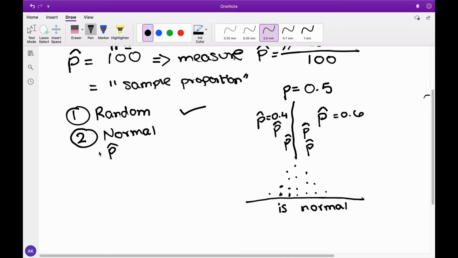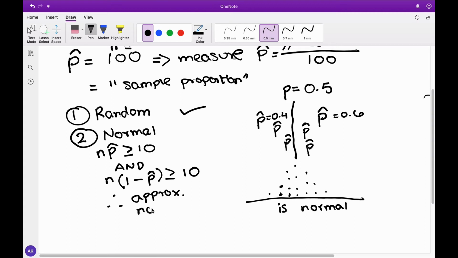And here's that formula. If n, the number of people you surveyed, times your sample proportion is greater than or equal to 10, and if n times 1 minus p hat is greater than or equal to 10, then you can assume that the distribution of your sampling proportion is approximately normal.